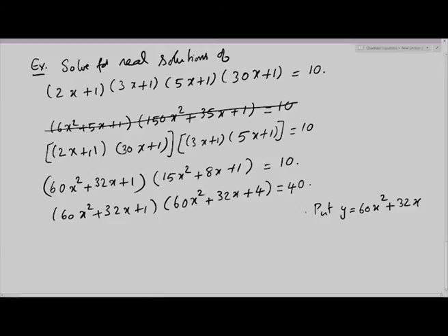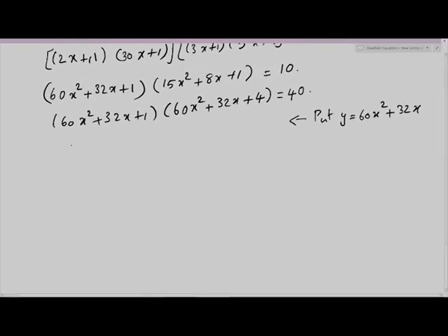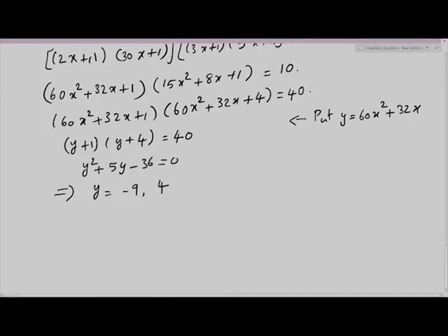This simplifies our equation: y plus 1 into y plus 4 is equal to 40, where y is equal to 60x square plus 32x. If I simplify this, it becomes y square plus 5y minus 36 equal to 0. The solutions are y equal to minus 9, 4.